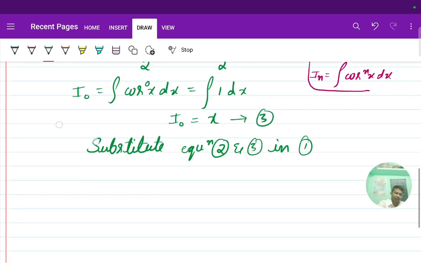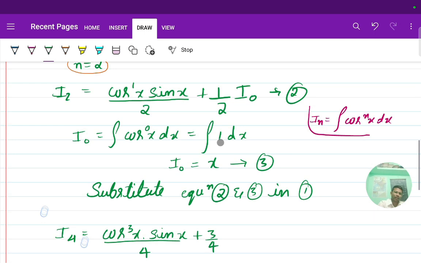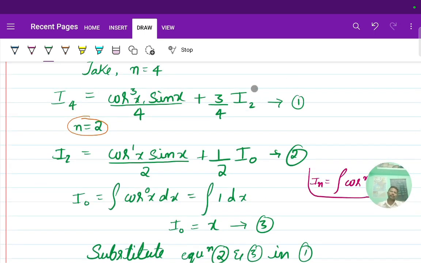Let us substitute here. So I4 is equals to cos power 3x into sin x divided by 4 plus 3 by 4 into I2. We know the value of I2, so let us substitute I2.